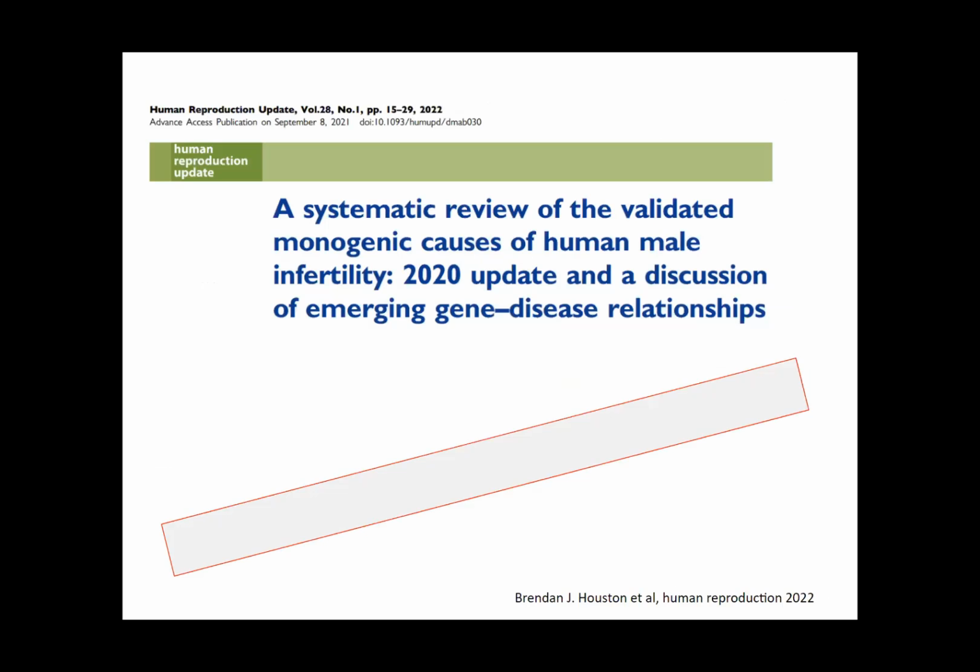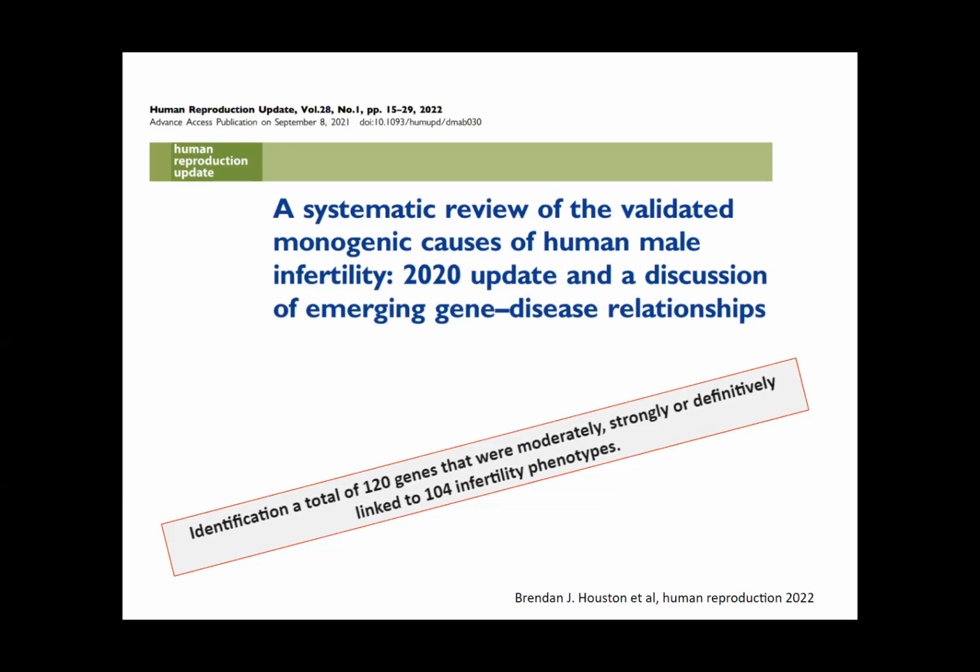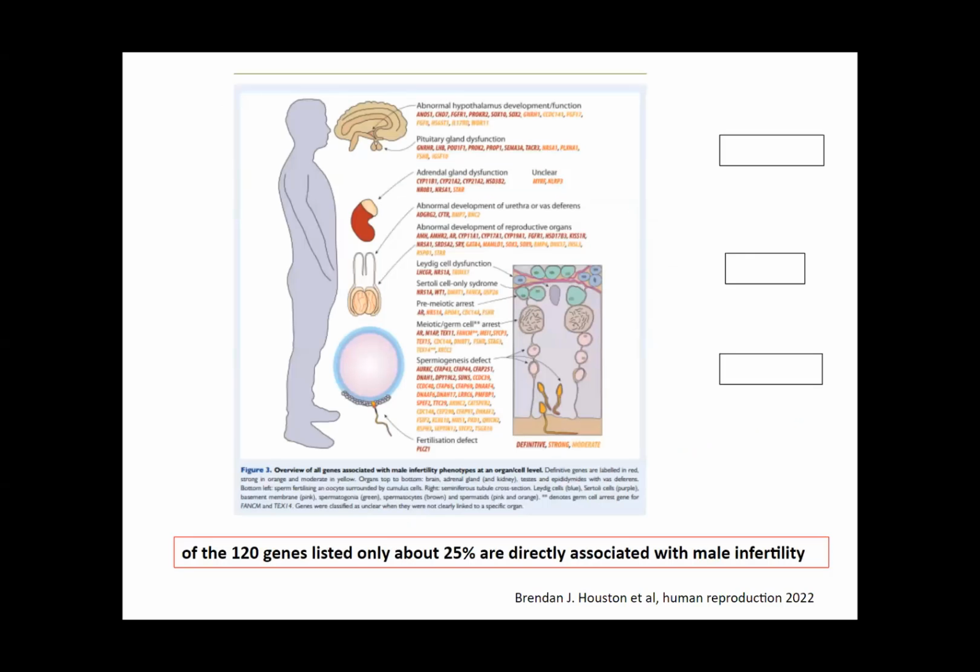In a systematic review of the validated monogenic causes of human male infertility, the 2020 update, Houston reported the identification of a total of 120 genes that were moderately, strongly, and definitively linked to 104 infertility phenotypes.